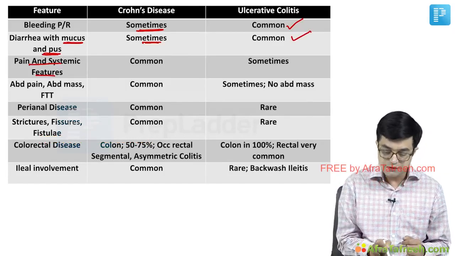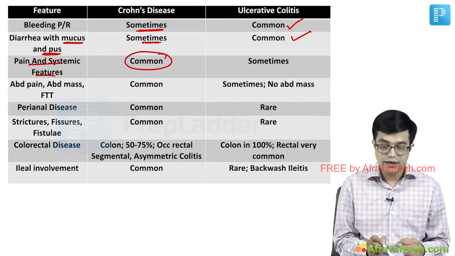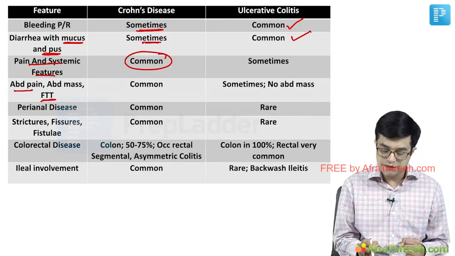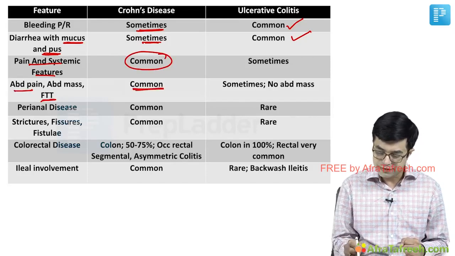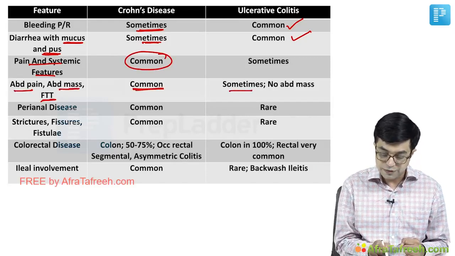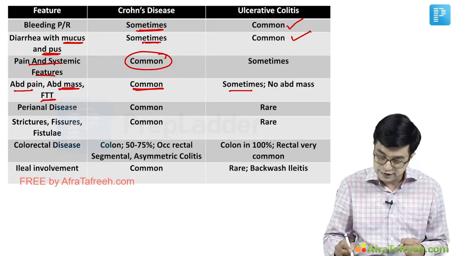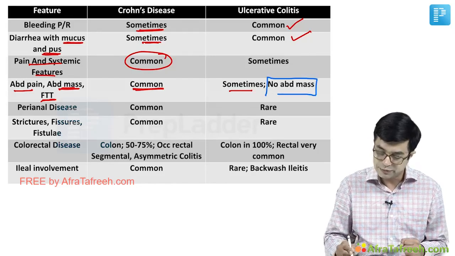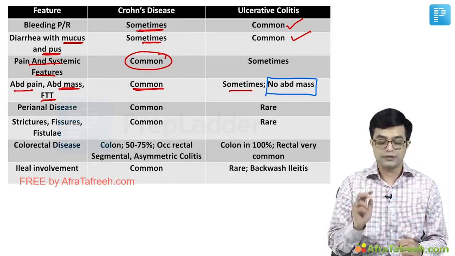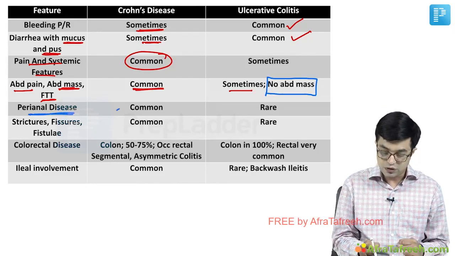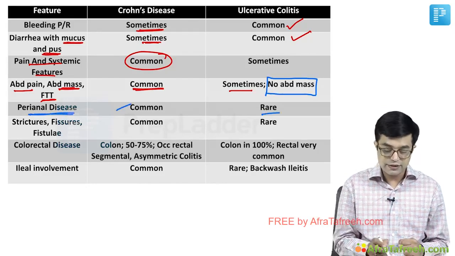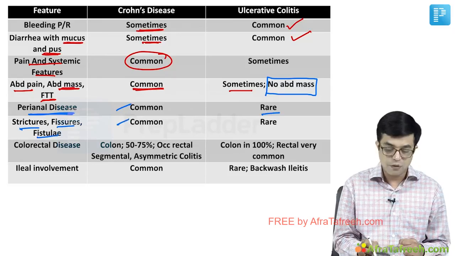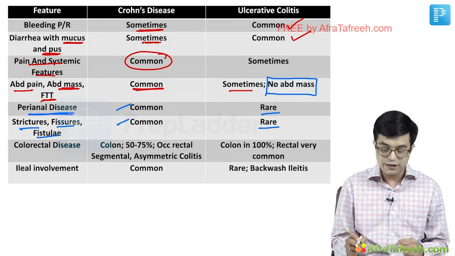Pain and systemic features will be more common in Crohn's disease. Abdominal pain and failure to thrive are common in Crohn's disease, sometimes in ulcerative colitis. Remember, abdominal mass will occur in Crohn's disease. It is never seen in ulcerative colitis. Then perianal disease is common in Crohn's disease and rare in colitis. Stricture, fissure, fistula formation are common in Crohn's disease, rare in ulcerative colitis.